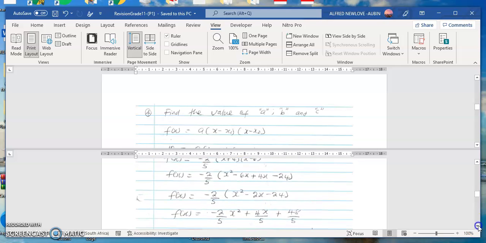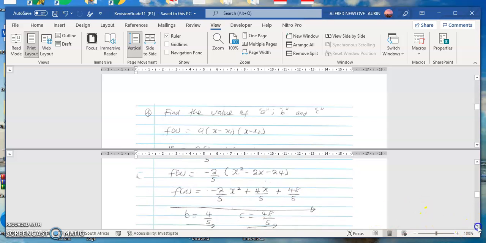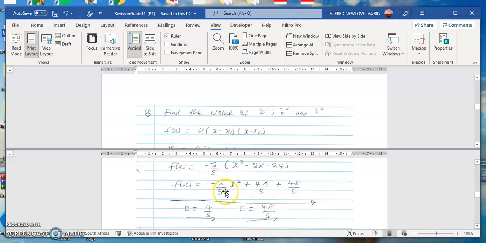Then if I expand this one, 2 times this will give me that one, and minus 2 times minus 24 is going to give me minus 48. So you already have our a, our b is 4 over 5, and our c is 48 over 5.